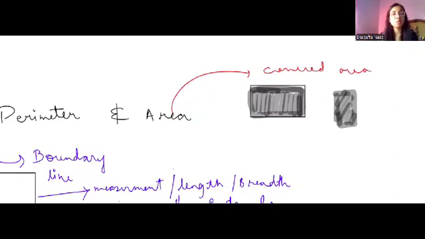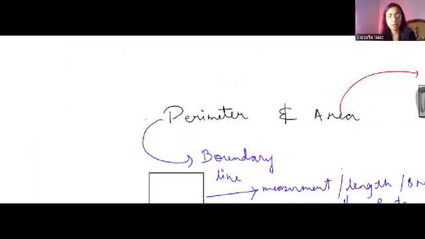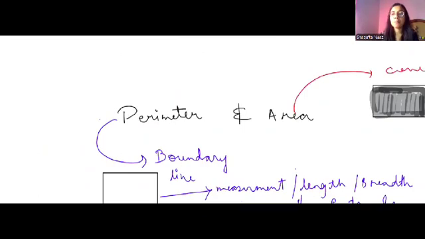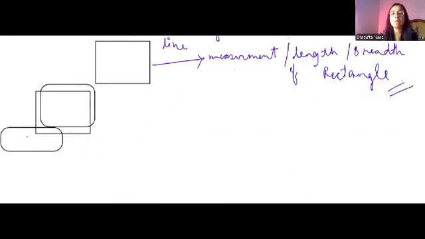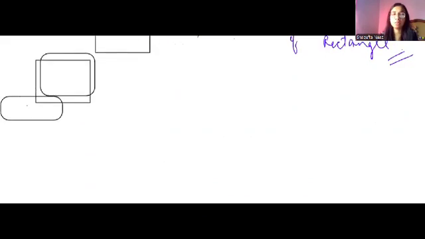What surface is that particular thing actually covering? That's what we are going to learn about area concepts. So basically we have discussed what we are having today: perimeter and area. Where are we going to apply these concepts?